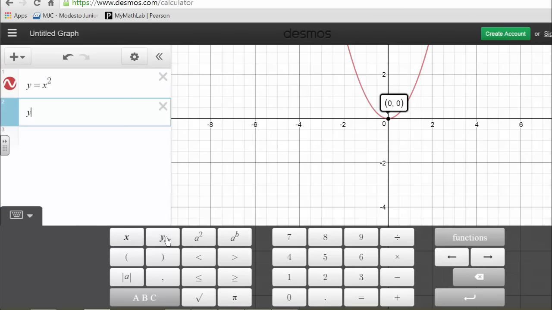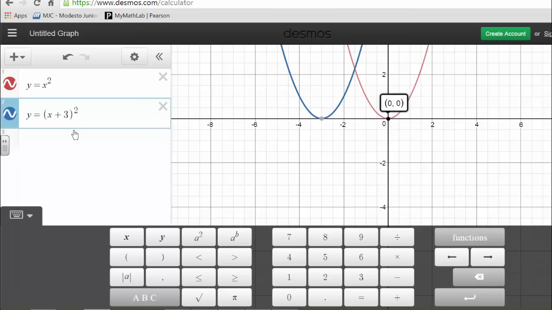So y equals, or f of x, it doesn't matter, y equals (x plus 3) squared. Most students, when they first see this, think, well, I'll move 3 to the right because I told you it was left-right movement, but you actually move 3 to the left.